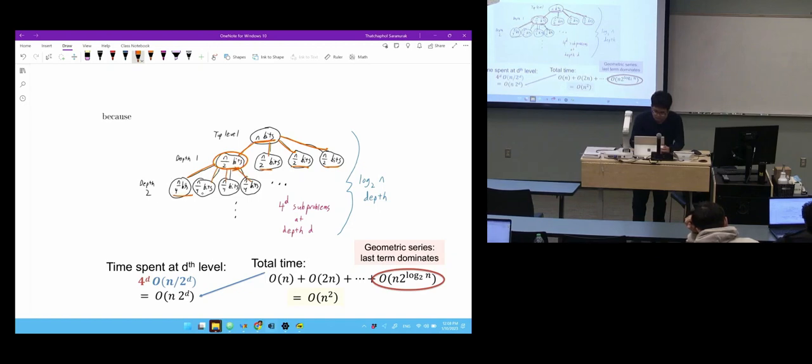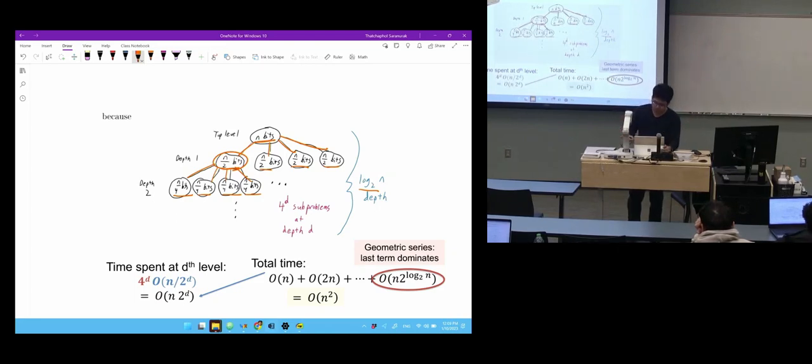Now the problem has size n over 4. Okay. So what's the depth of the tree? First of all, it's going to be just log n base 2, because every time you go to a new level, you halve the size of your number. How many times can you do that? Just log n base 2.